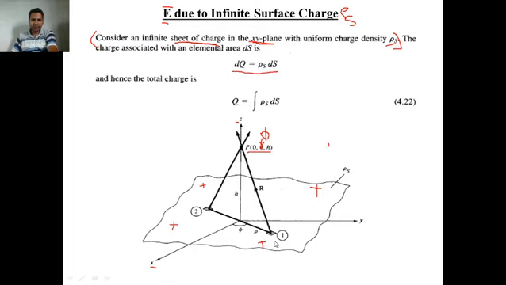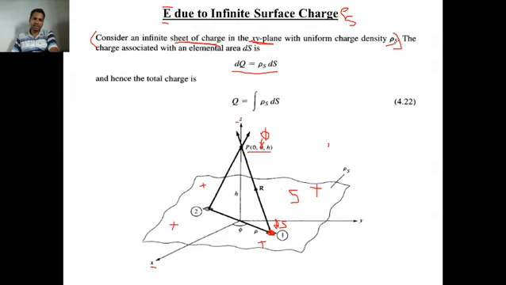Now let us assume this is the total surface area S. Out of this total surface area, assume any differential surface like this. This is a differential surface, meaning a very small surface of the given surface, ds. Due to this ds, I want to find E bar at this particular point.